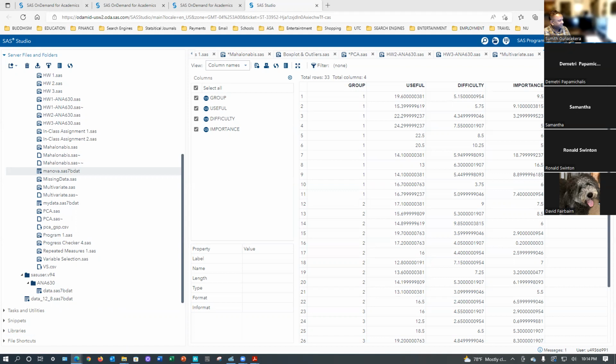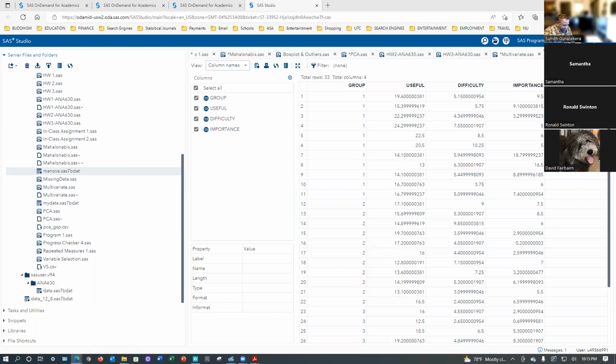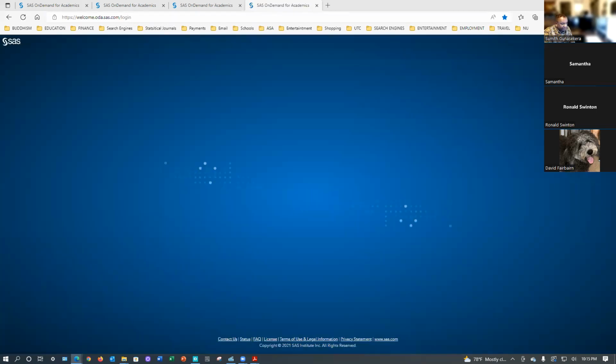Okay, then I'm going to go to contents, data. In the data I'm going to create a new folder. You can call that one multivariate.